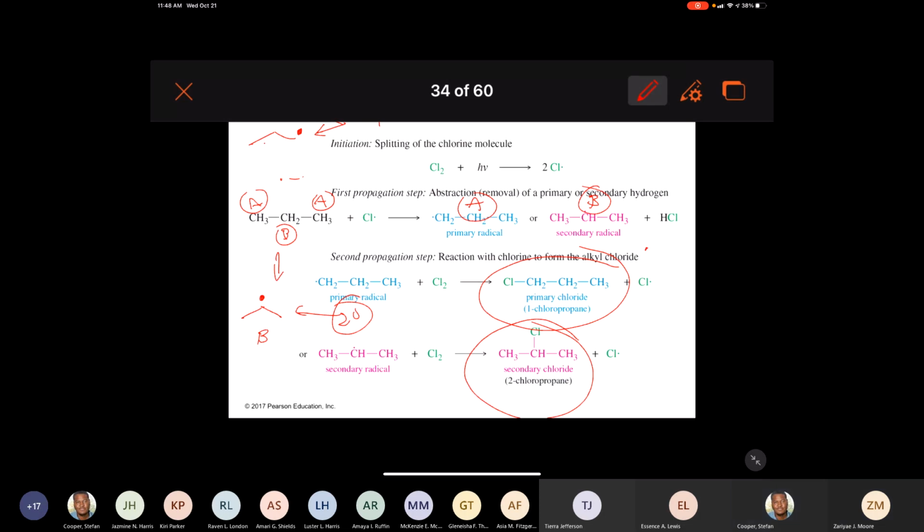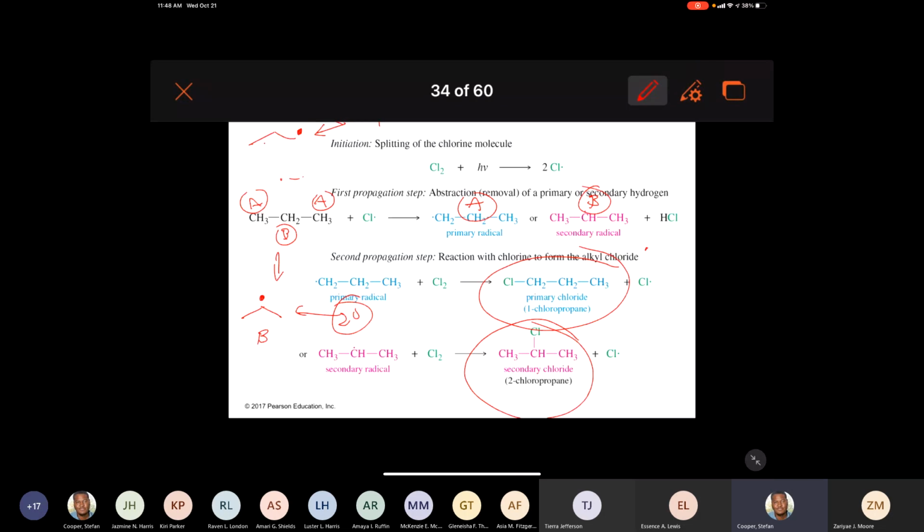No? Okay. You got a question, Mrs. Smith? I understood that one, but I didn't get it. A gives me that radical. B gives me that radical, right? If I terminate with a chlorine radical, I'll form this, or form that, right?